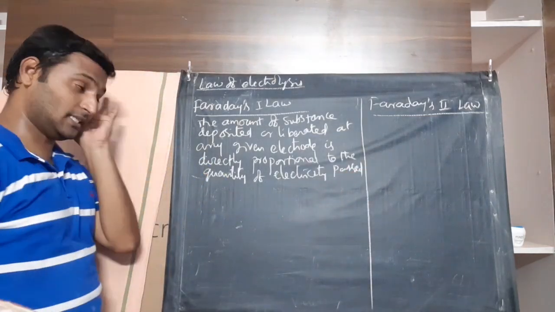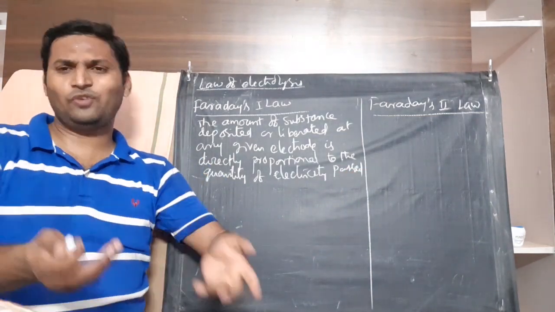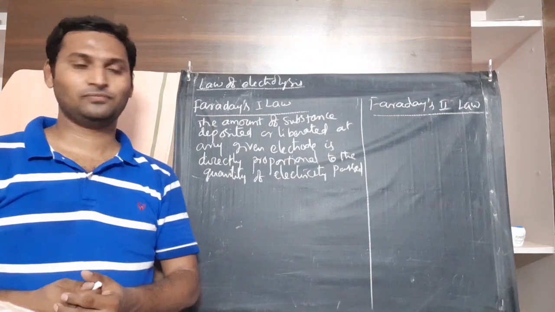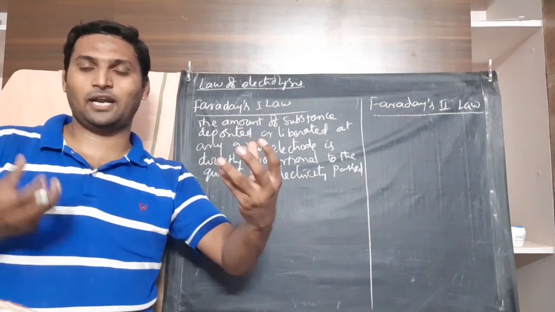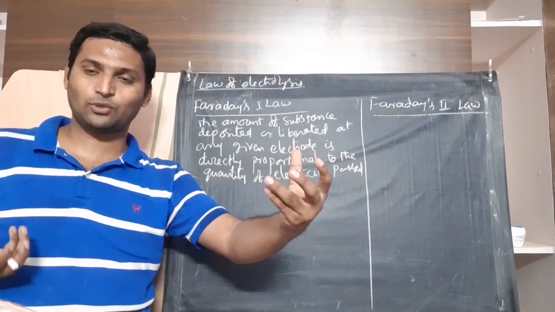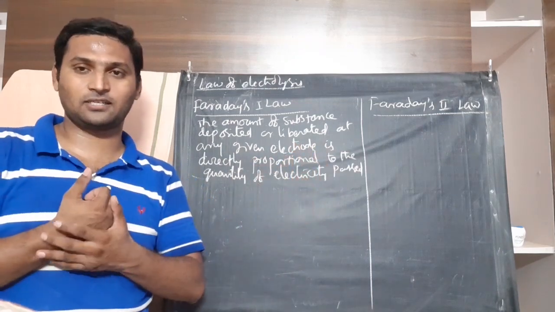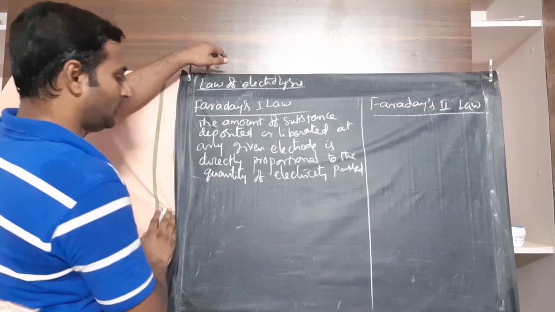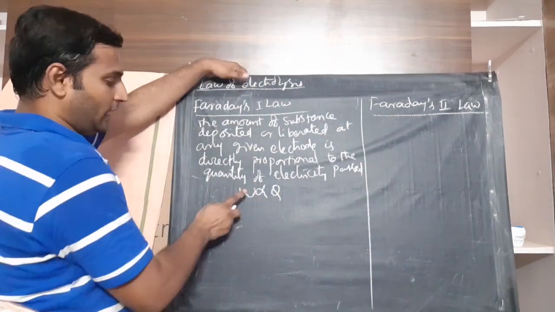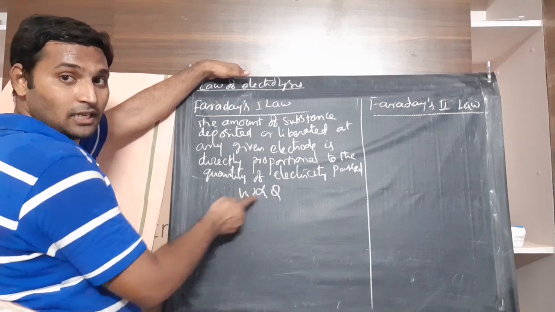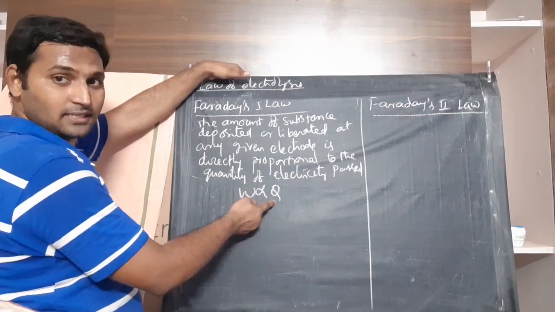Quantity of electricity passed. We have already established it. Just now we understood 1 Faraday you supply, 1 equivalent deposits, 2 Faraday you supply, 2 equivalent deposits, so it's directly proportional to quantity of electricity passed, which can be mathematically expressed as W ∝ Q, where W represents the weight of substance, Q represents the charge passed.